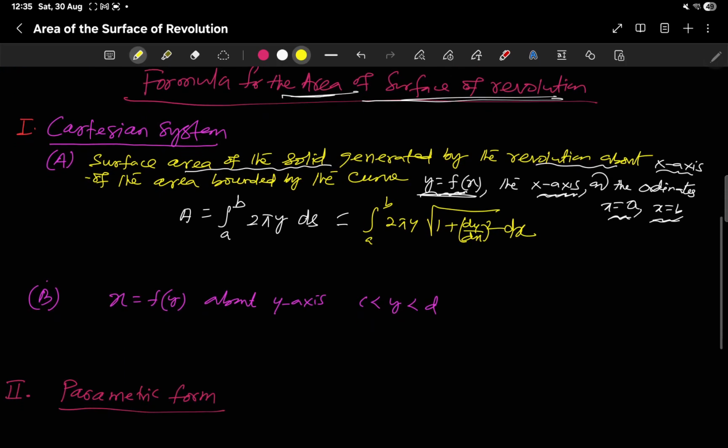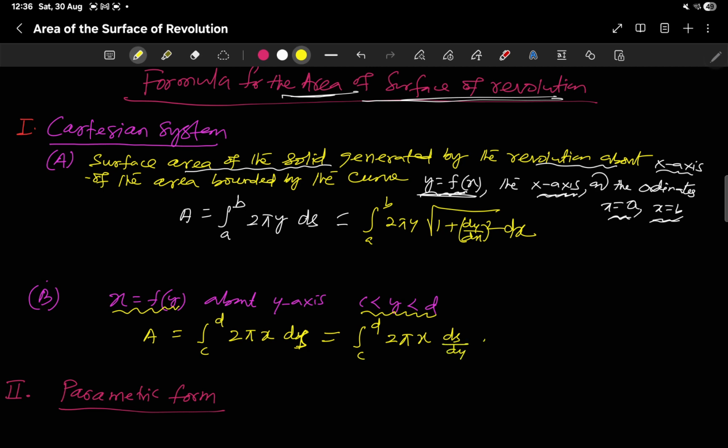Now if the curve is expressed in terms of x is equal to f(y) within the ordinates c to d, then the area A will be the integral from c to d of 2 pi x ds by dy dy.